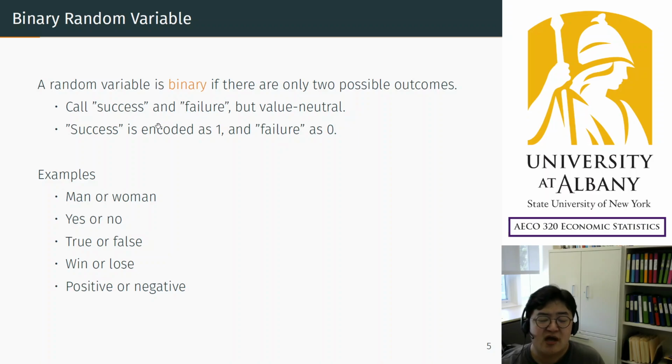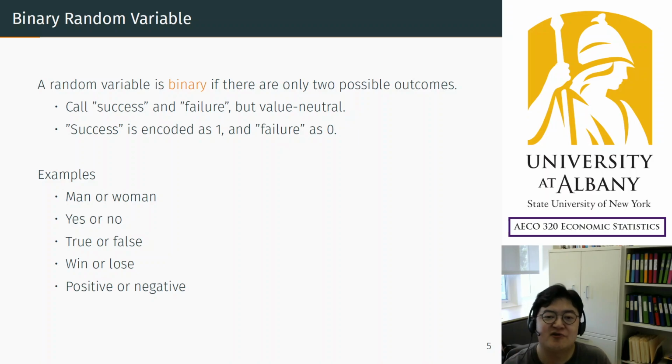So heads could be success or tails could be failure, but also you may treat tails as success and heads as failure. It doesn't matter. Even though I say success and failure, they are value neutral. I'm not saying success is good and failure is bad. I'm just choosing.